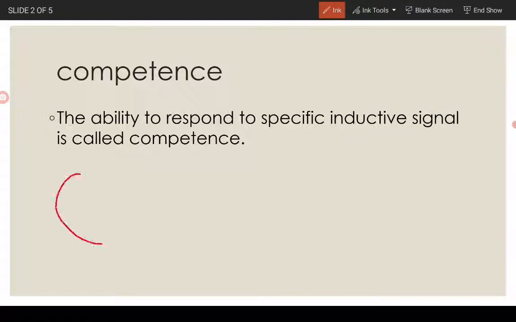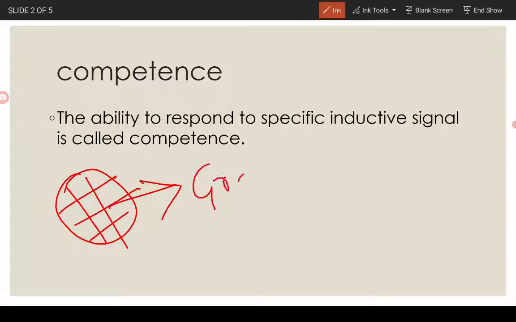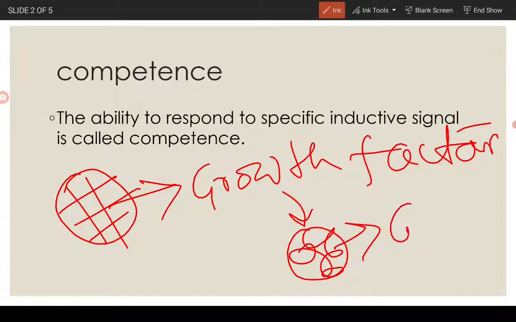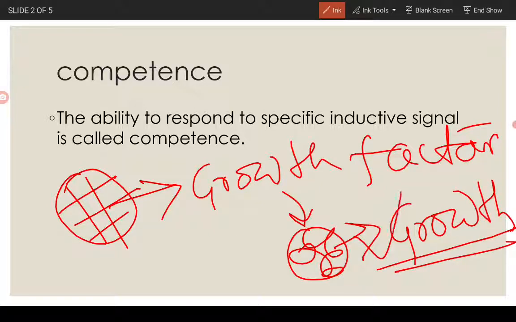While if they are competent, for example, if this group of cells produces a growth factor and it goes to these group of cells, which start growth due to this growth factor, then these group of cells are competent.